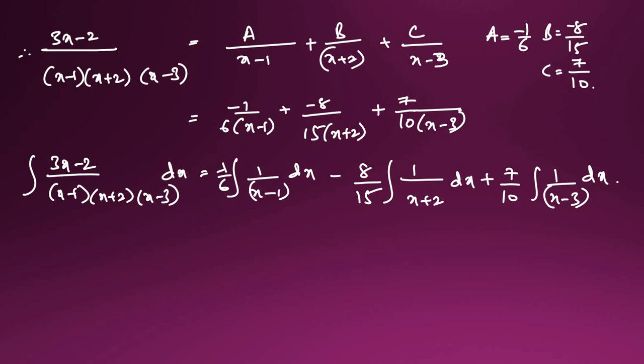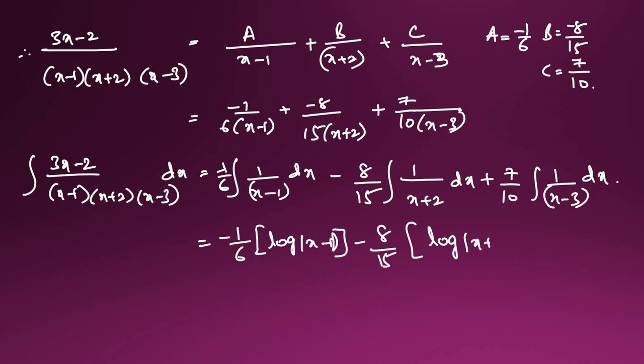So after that we have to do the integration: minus 1/6 into log of (x minus 1) will come. Okay? After that, minus 8/15 into log of (x plus 2) will come.